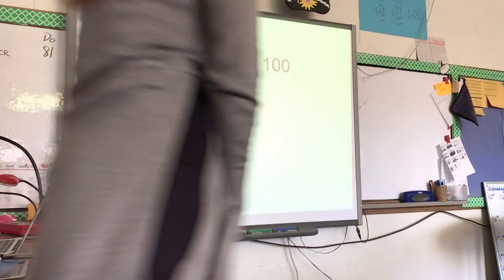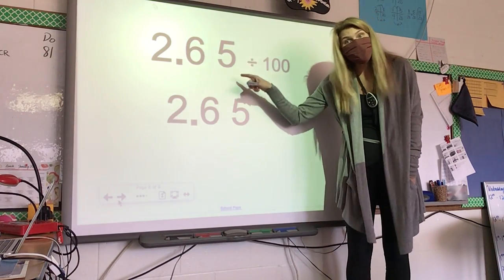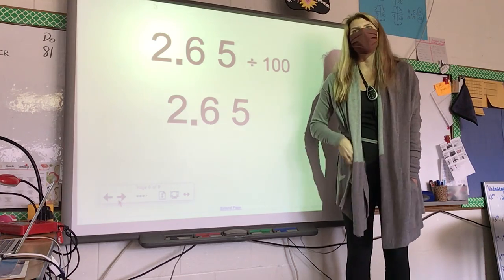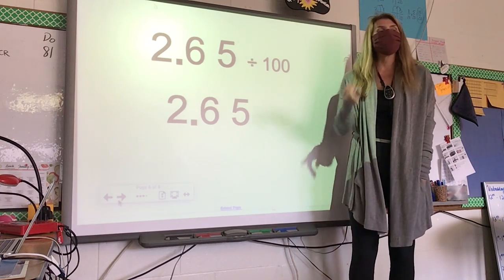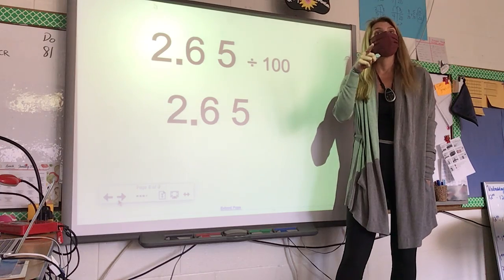All right. I am sharing $2.65 with 100 people. They're not going to get a whole lot of money, are they? Very, very little amount of money. So how many places am I decreasing this by? Maddie? 2 places.